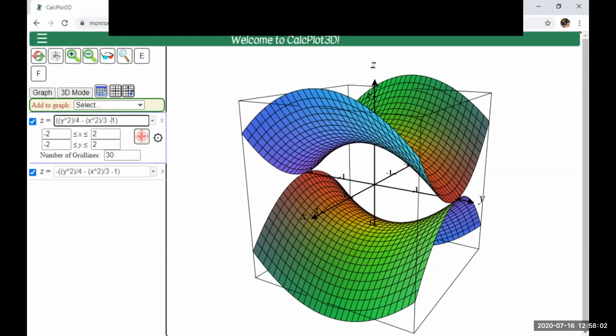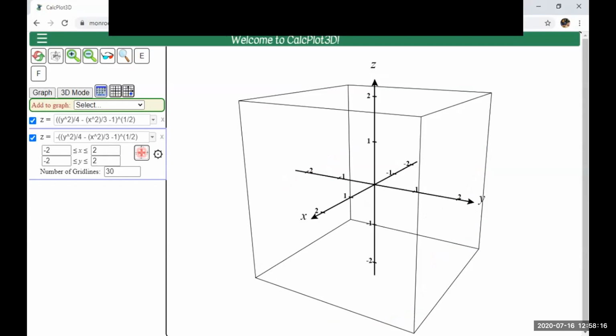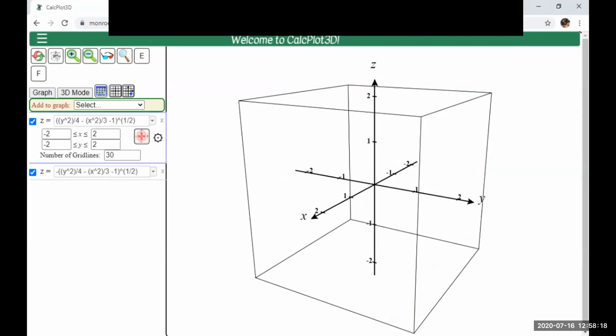What's the mistake I made? Oh, the square root. Thank you very much. It's z squared, so z would be the square root of that. Okay, it doesn't draw it anymore at all. Because there is nothing in this region.